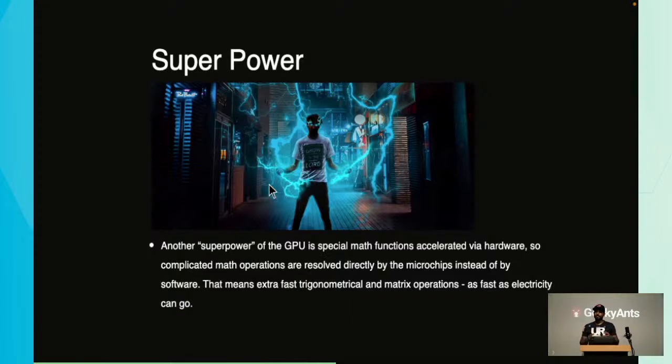But in the GPU, that is not the case. The hardware unit itself has all that processing power, and that's why it can be called a superpower. I'll show you a piece of code where you will understand what exactly I'm talking about. Since all of this is integrated into the hardware, you remove all those extra steps and interact directly with the hardware, which makes it much faster, and that's the superpower of the GPU.